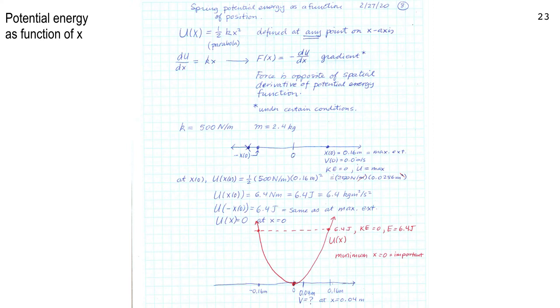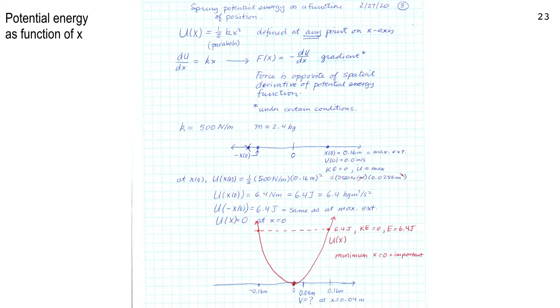All right. So the key is, once you know both the kinetic and the potential energy, you can write down automatically that the total energy is equal to the sum of those two, which in this case is 6.4 joules.